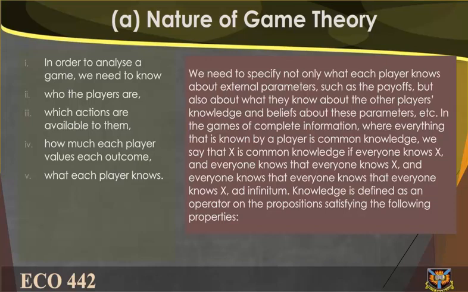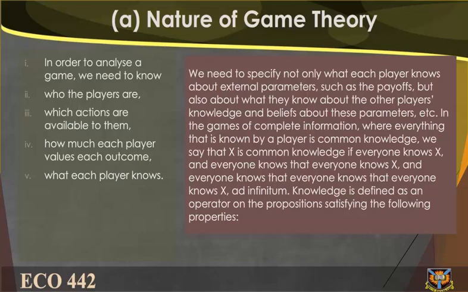In games of complete information, where everything that is known by a player is common knowledge, we say that X is common knowledge if everyone knows X, and everyone knows that everyone knows X, and everyone knows that everyone knows that everyone knows X, ad infinitum.